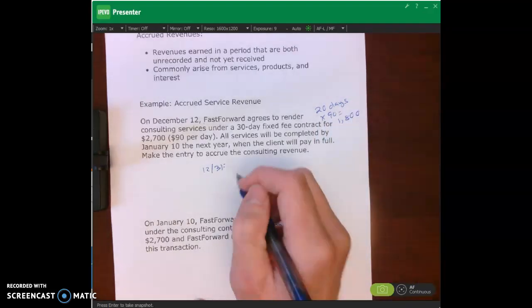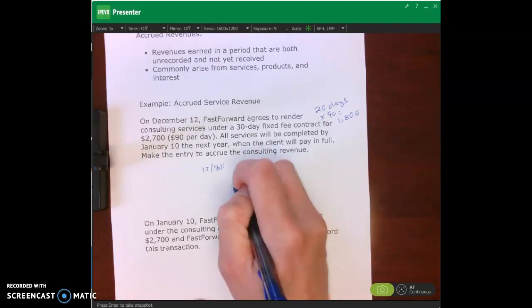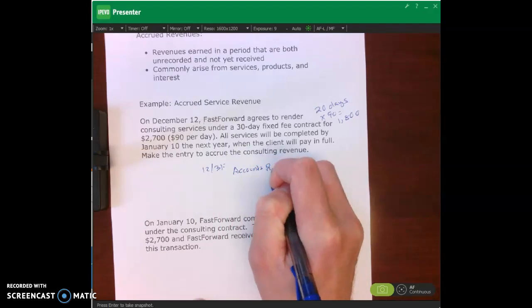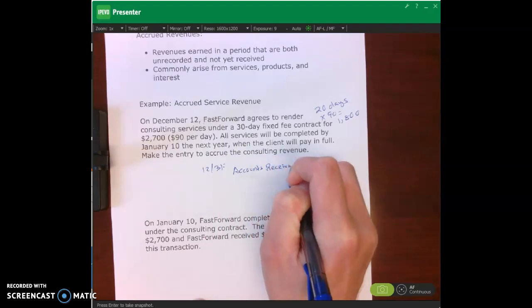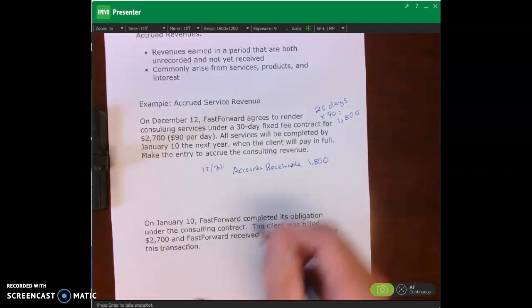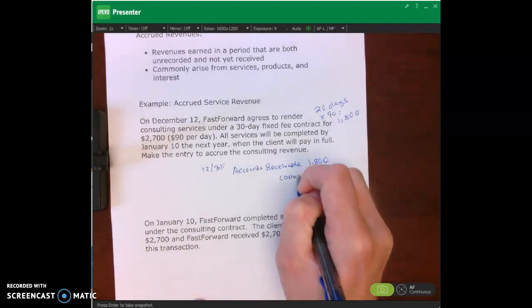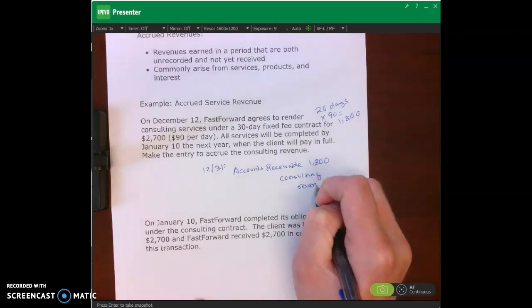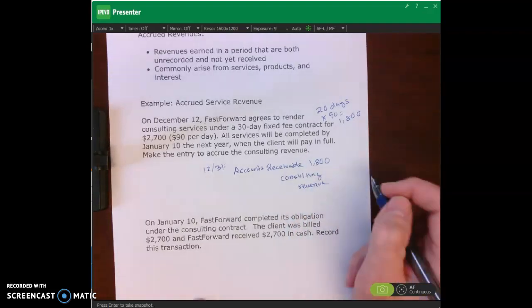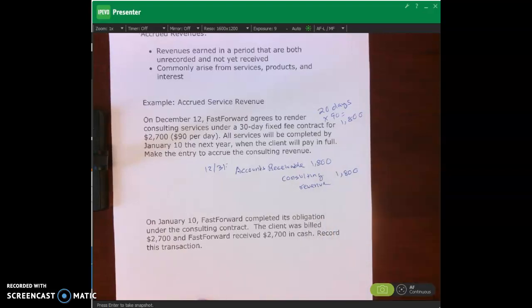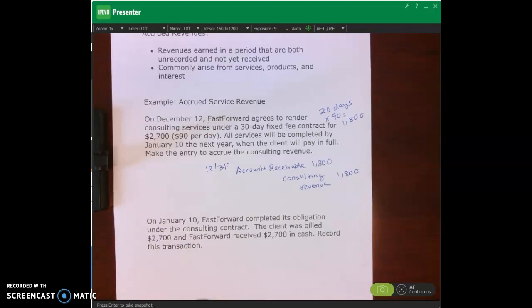So we're going to debit accounts receivable for $1,800. And then we will credit consulting revenue. And what this does is it recognizes the revenue. We record the revenue even though we haven't been paid yet. Why can we do that? Because of the revenue recognition principle.